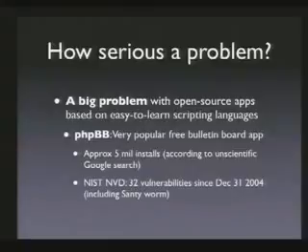I did some fairly unscientific Google research, looking for sites that have the string "powered by PHP BB," which is sort of an identifier for it. From what I could tell, I think conservatively I can say that PHP BB probably has about 5 million installs live on the internet right now.